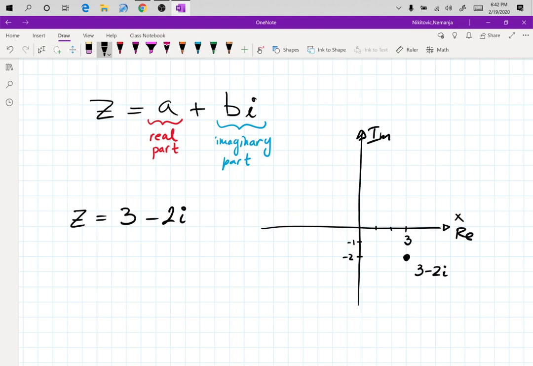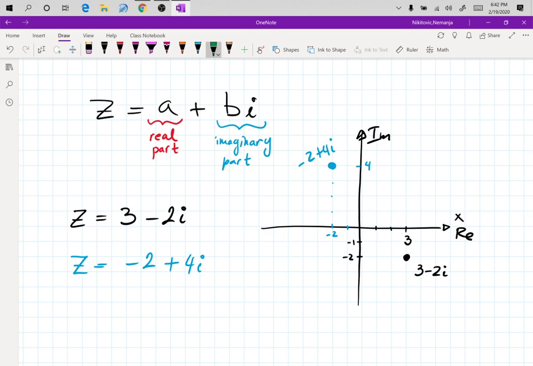That's important. Let's go with the blue example. Z equals negative 2 plus 4i. Well, negative 2, then 1, 2, 3, 4. And here's your negative 2 plus 4i. So you should be able to locate these numbers quickly.